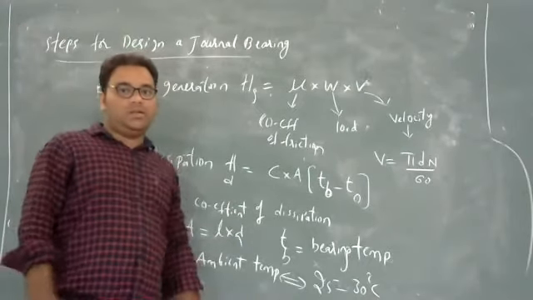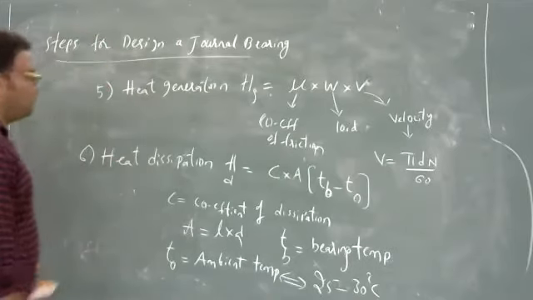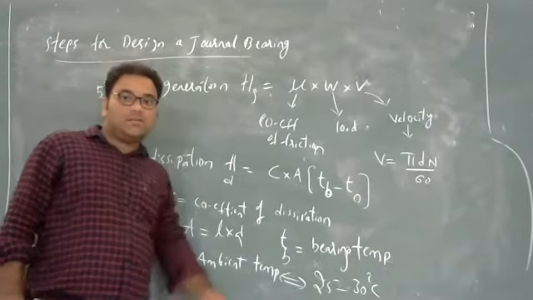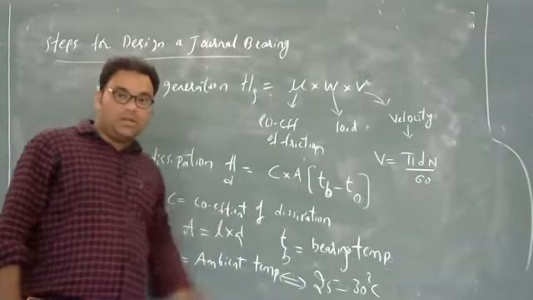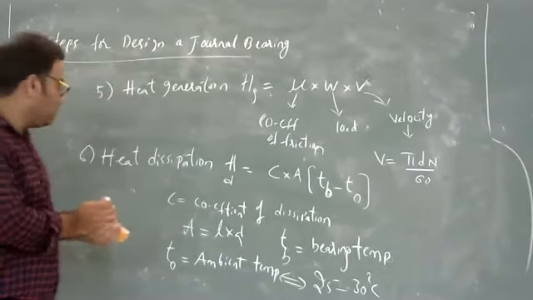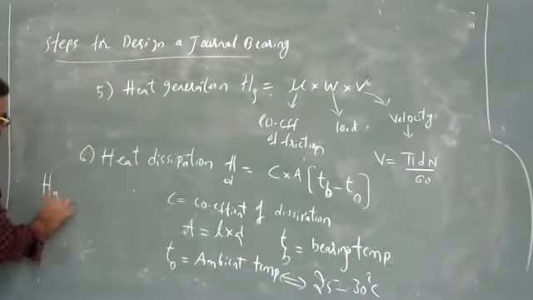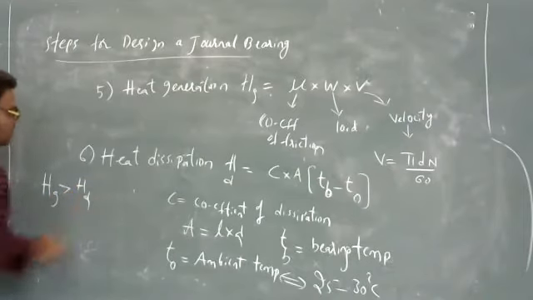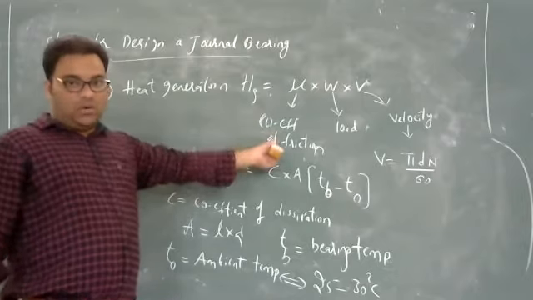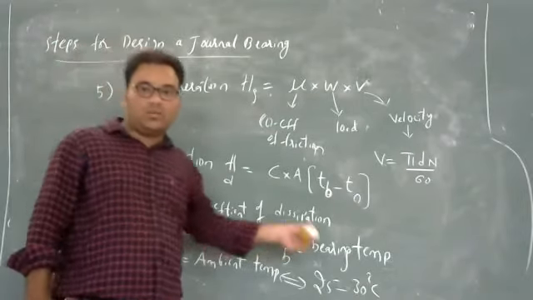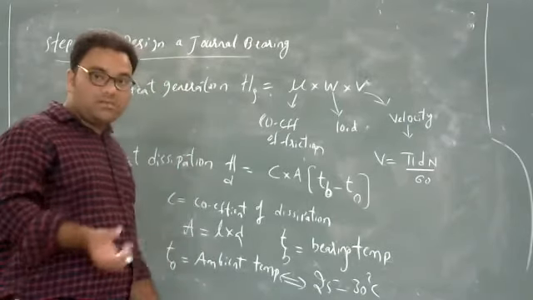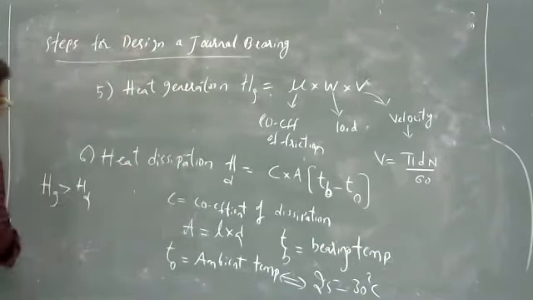Now see here, if the heat generation is more than the heat dissipation, then we need some artificial cooling. Artificial cooling is a must. For example, if HG is 1000 watts and the heat dissipated is only 200 watts, we require some artificial cooling.